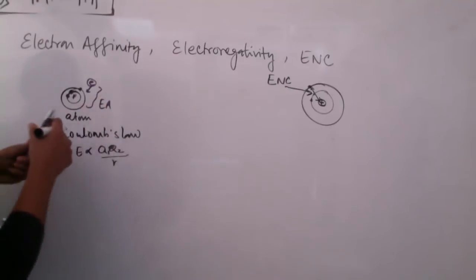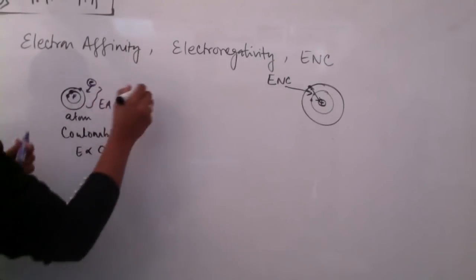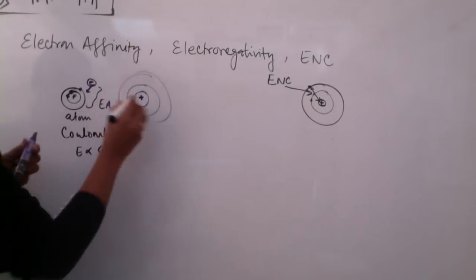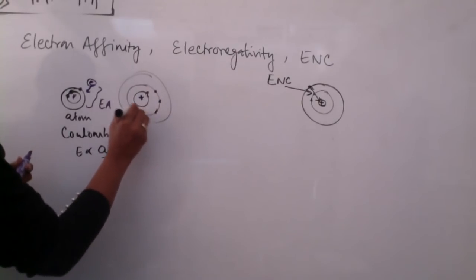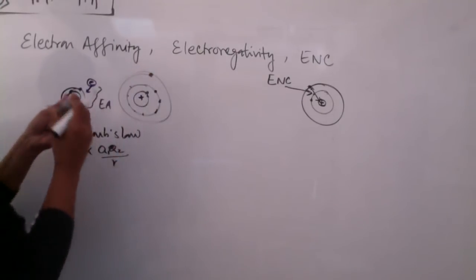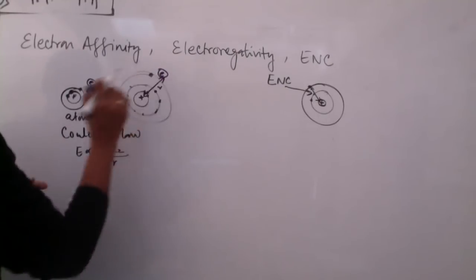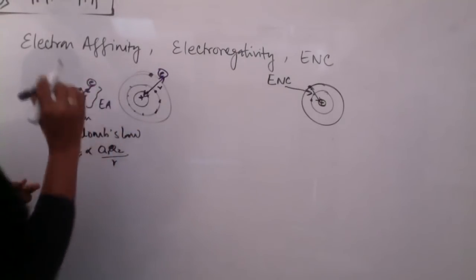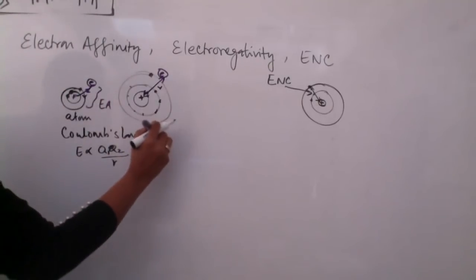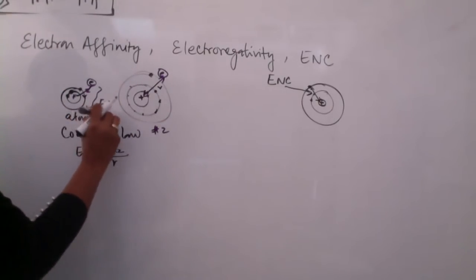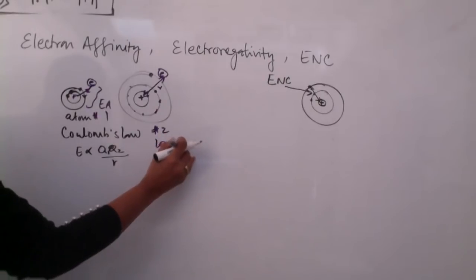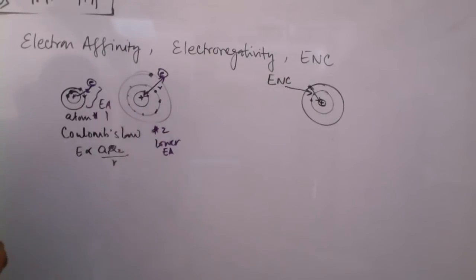So if you have two atoms, this is atom 1, and if you have this atom and an incoming electron here, the distance is r here, and the distance is larger here, you can see that atom number 2 will have lower electron affinity because of increased distance.